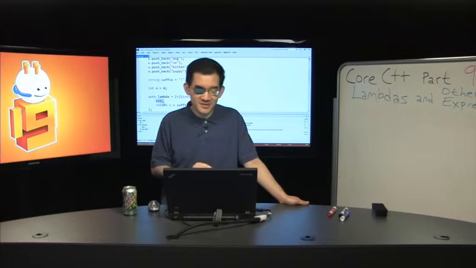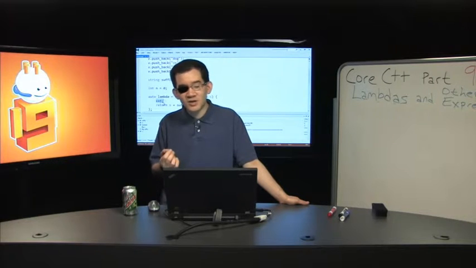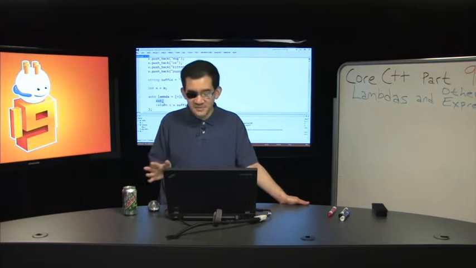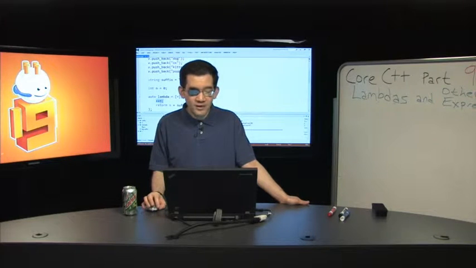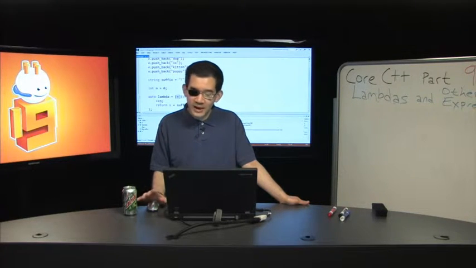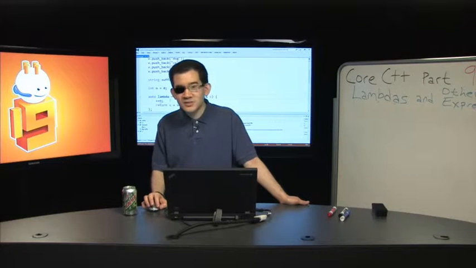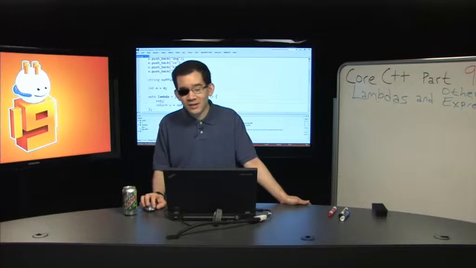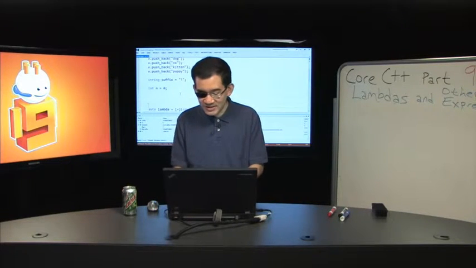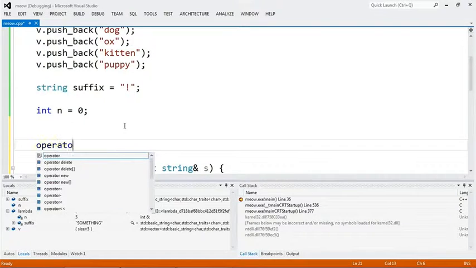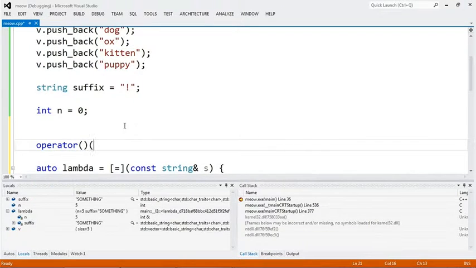But with lambdas, because lambdas are completely new to C++11, and because they're creating separate copies of variables when you capture by value, it was considered somewhat confusing to allow their member function call operators to be modifiable by default. Because remember, this is basically stamping out an operator() that takes whatever your arguments are, const string ref s.